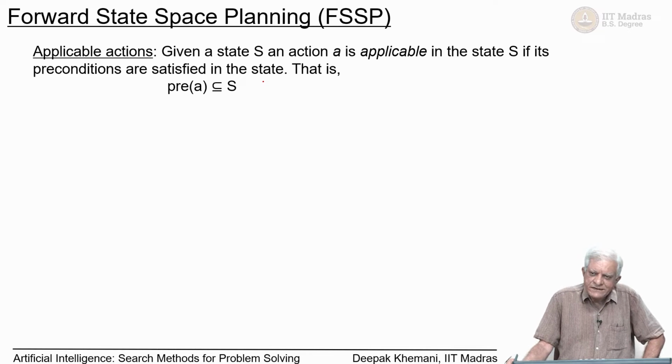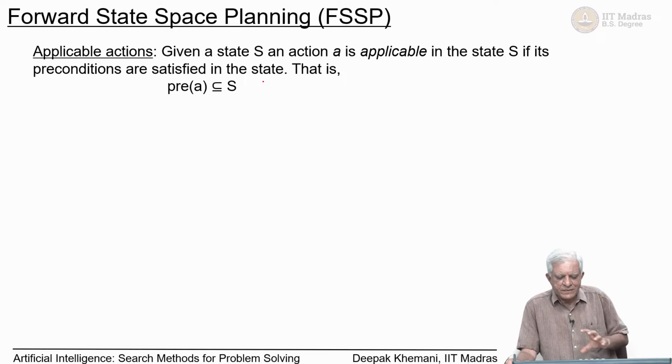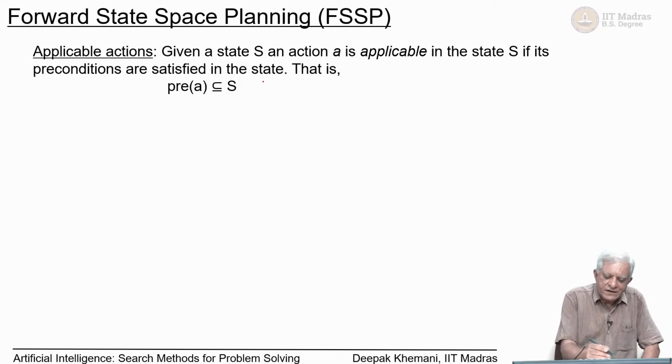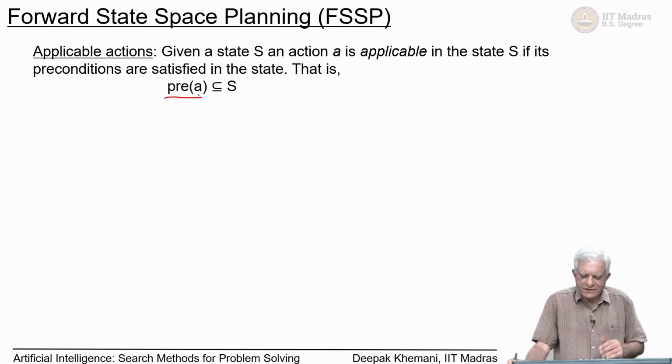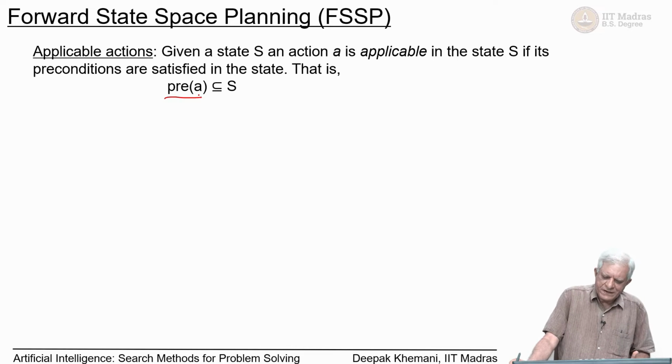So, when is an action applicable? Given a state S, an action A is applicable in the state S if its preconditions are satisfied in that state. Essentially, remember that every action has a set of preconditions, which we had denoted by a list, or a set of preconditions.